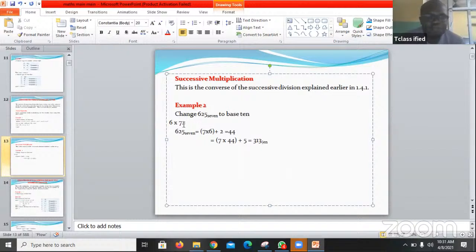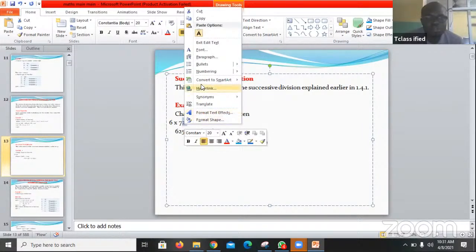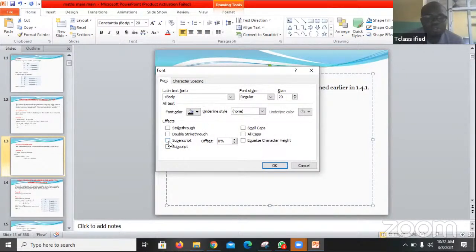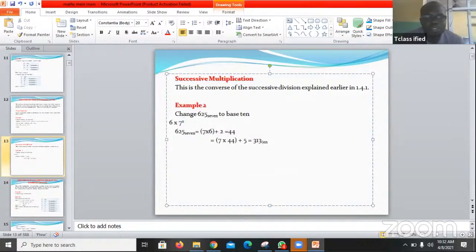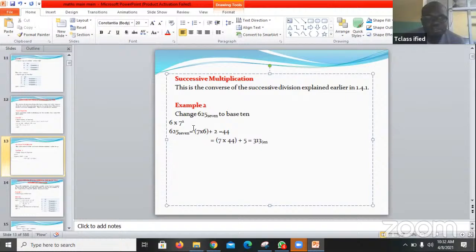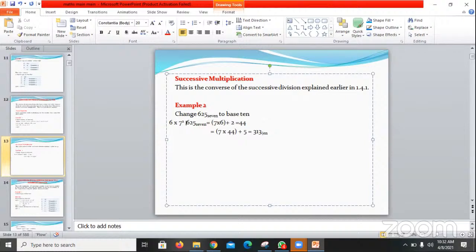So I'm going to make 2 an exponent, as a superscript. Then I'm going to say plus the next number. So what is the next number? Can you tell me the next number, Oluwase? 2. Okay. So the next number is 2.